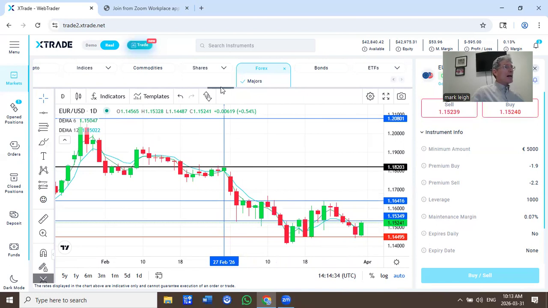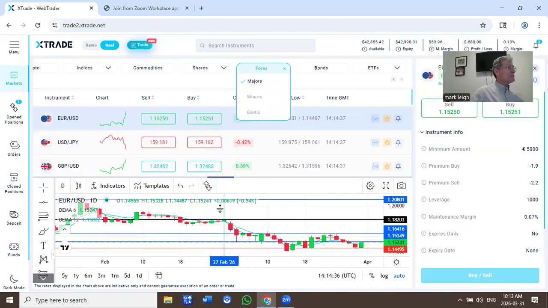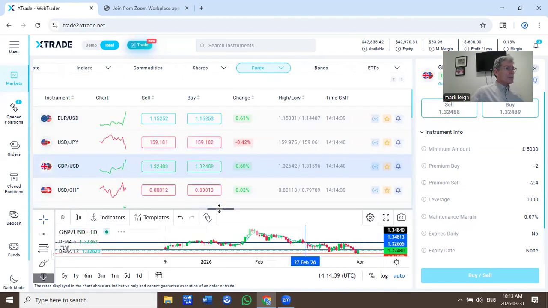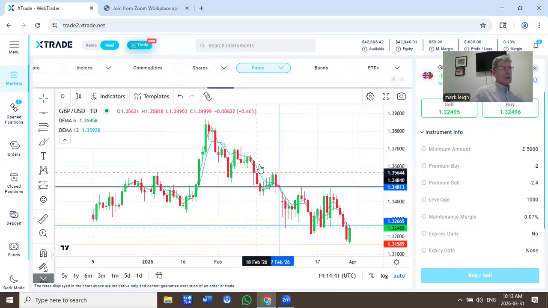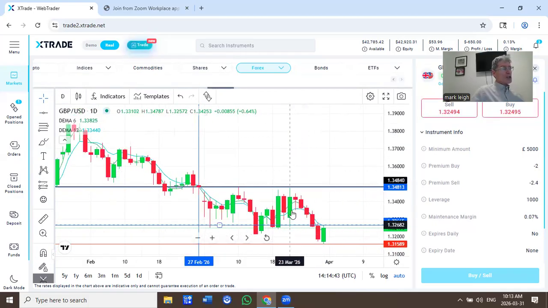Let's have a look at the pound against the US. And there you see a similar pattern following five successive red candlesticks, lower highs, lower lows, strong downtrend. Here's the bounce back in the Pound US pair.